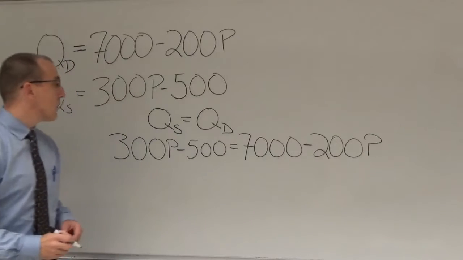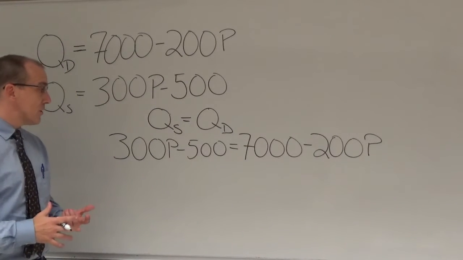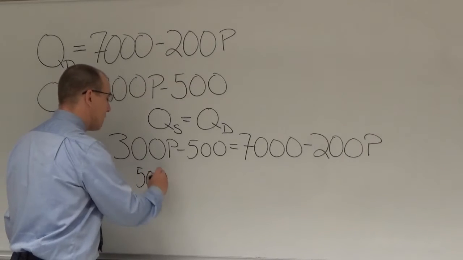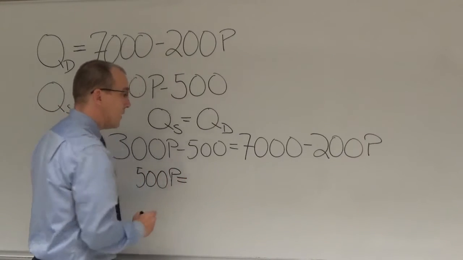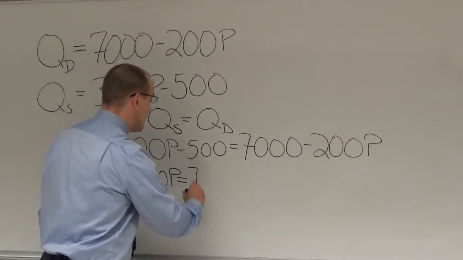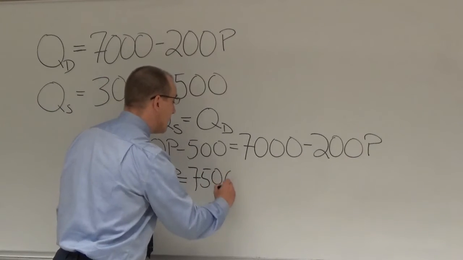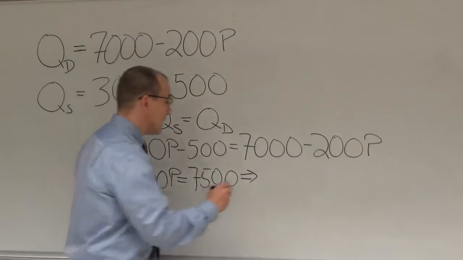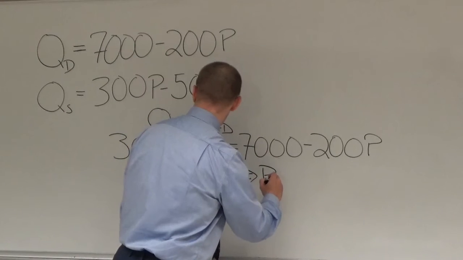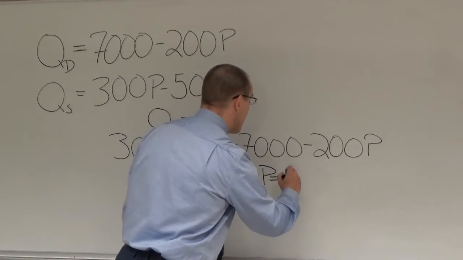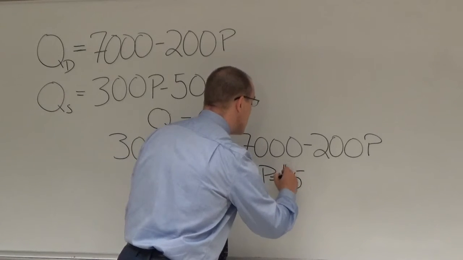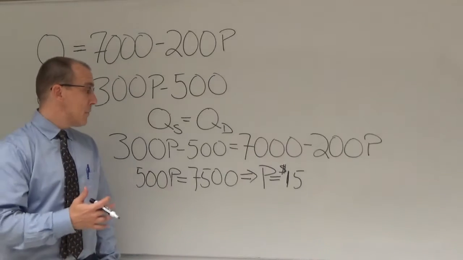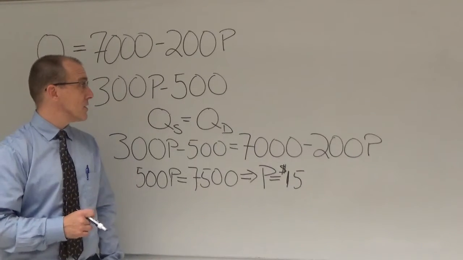We've set our quantity supplied and our quantity demanded equal to each other. We reorganize this so it will be 500p equals 7,500, and if we do our math correctly, we should come down with a price of $15. In other words, $15 is what people are currently paying to ride this mass transit system.